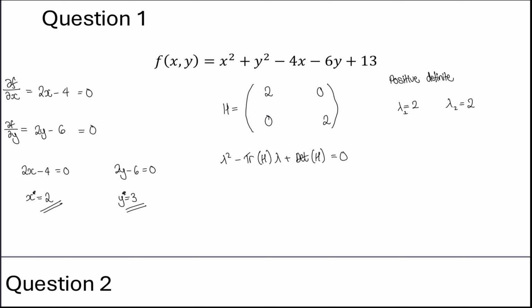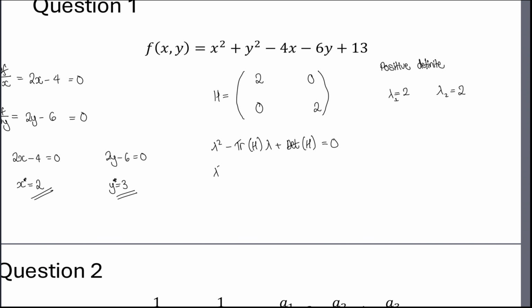So we get lambda squared minus the trace of H times lambda plus the determinant of the matrix H. So we get lambda squared minus 4 lambda plus 4 is equal to 0. So we get lambda minus 2 and then lambda minus 2. So lambda is equal to 2 and 2. Cool. Because both eigenvalues are greater than 0, they're both positive, we have a local minimum.